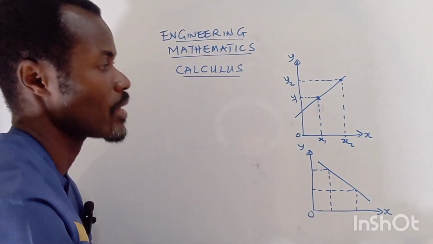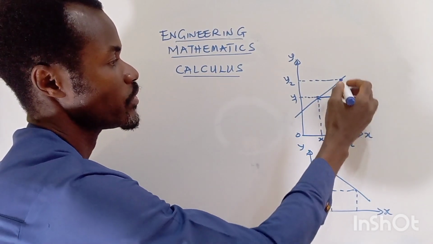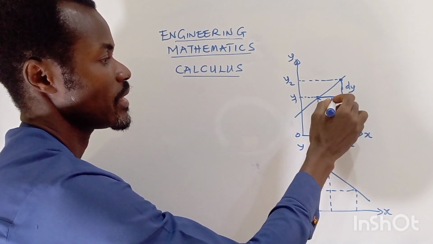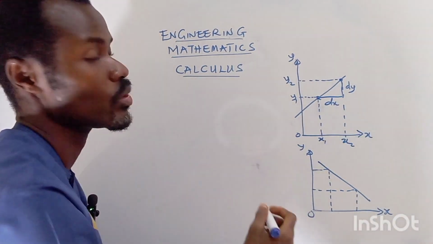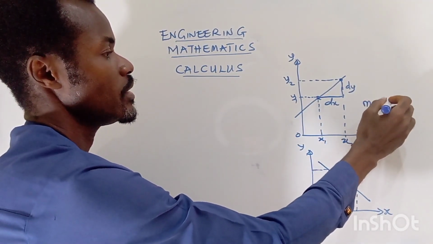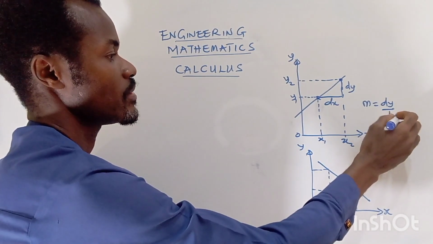Now for our slope, we form a triangle like this, and this is my dy and this is my dx. So the slope in this graph is going to be dy over dx.